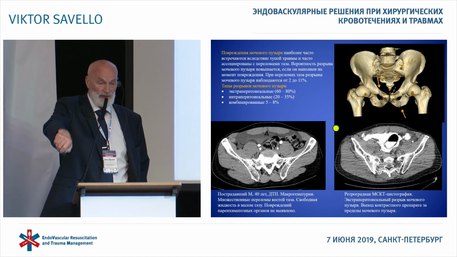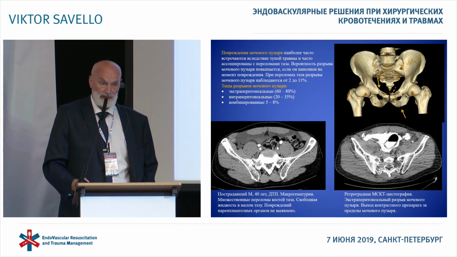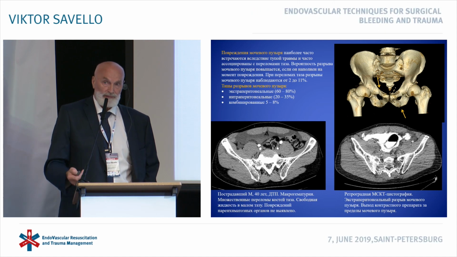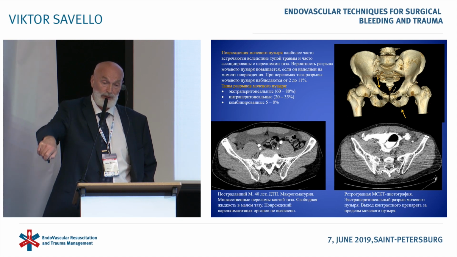The damages of the bladder: when we did angio, we didn't see any extravasation. We can see some free liquid, however. In terms of density, we couldn't really identify what this is, whether it's blood or urine mixed with blood. It was difficult to say.